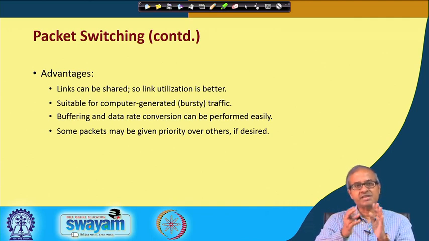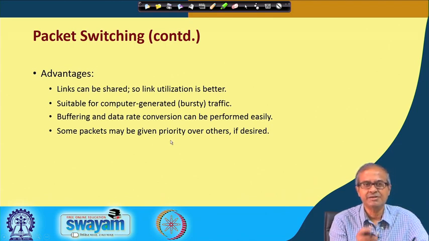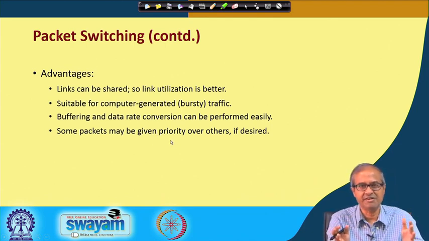So, I can do this kind of data rate conversion using the store and forward concept. And of course, you can give some kind of priority to some packets. You have several packets in the buffer, and the packet with the highest priority will be forwarded first. You can assign some kind of packet priority.